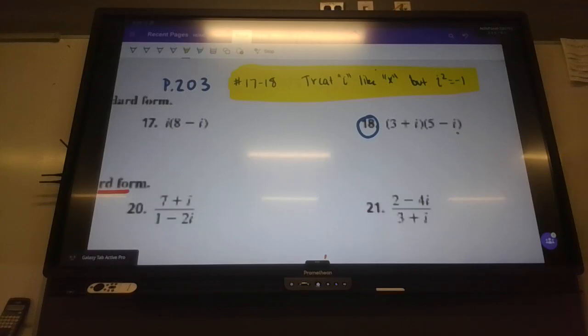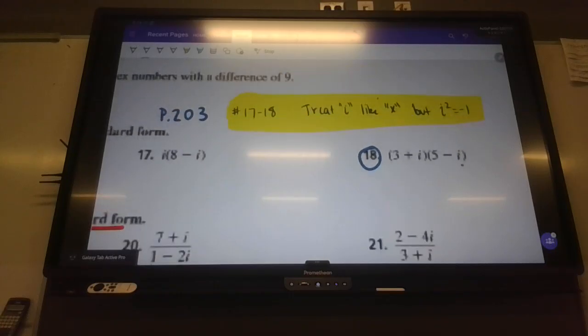Today we're multiplying and dividing. Now, why couldn't I include multiply and divide on the same day as the other ones? It's going to be a little less familiar to you than what you did yesterday. We're going to treat i just like x, but i squared equals -1.